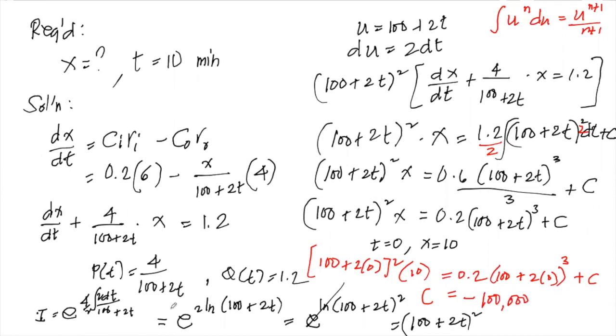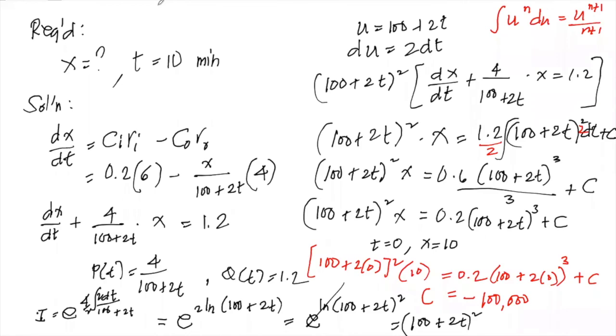So rewriting our solution, so solving for x. Okay, sulat ko muna. 100 plus 2t squared times x equal to 0.2 times 100 plus 2t cube minus 100,000, yung value ni C. Then solving for x.